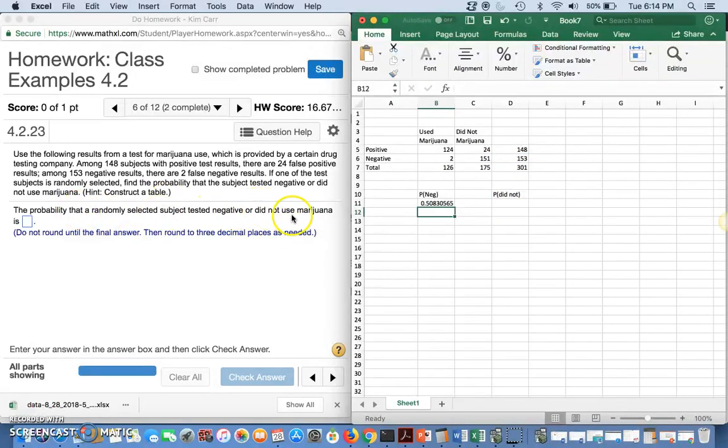And then it's the probability that they did not use. So what is that going to be? Okay, that they did not use. Did not use, this is this column, it's 175 right there. That divided by the total. Okay, is there overlap in there?